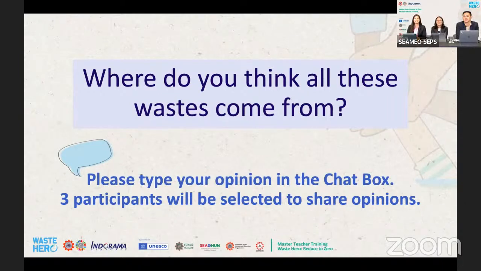Okay, so from the picture, I think the waste comes from human activity because all of them are plastic bottles. So I think we do not throw it in the rubbish bin or something like that. We just throw it there, and we do not consider what will happen to other living creatures.